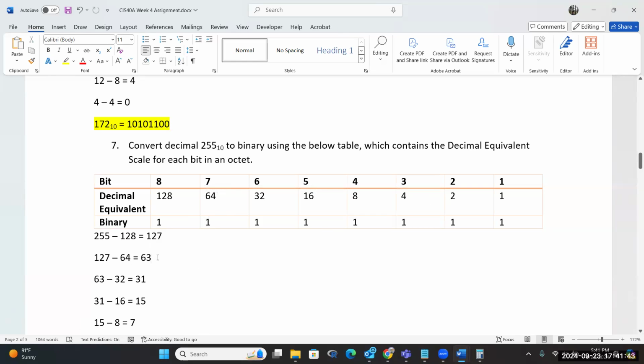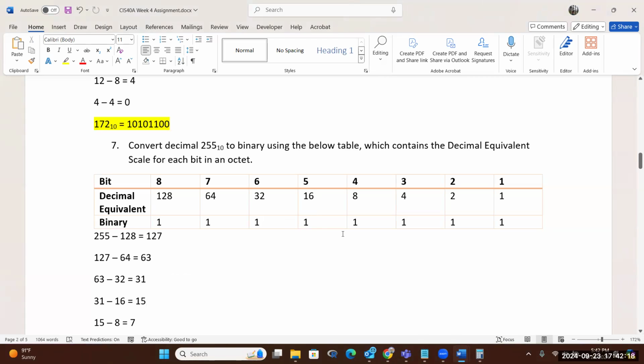I'm left with 63. 63, I look down the scale. Oh, 32 is less, so I can subtract it. So I take 63 minus 32. When I subtract, I put a 1 on that table. I'm left with 31. And I continue. 31 subtract 16. That's the next number. When I subtract, I put a 1 and I'm left with 15.